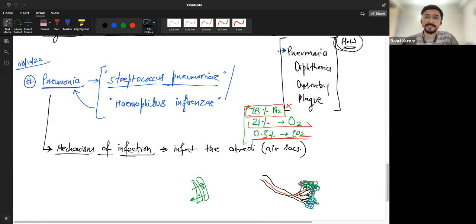So there'll be fluid filling the lungs, in the alveoli. Fluid can also get deposited in the interstitial tissues, but if it gets deposited in the alveoli, the transfer of these gases, which I just explained, becomes very difficult. So your body over time gets deficient of oxygen, and CO2 keeps accumulating.